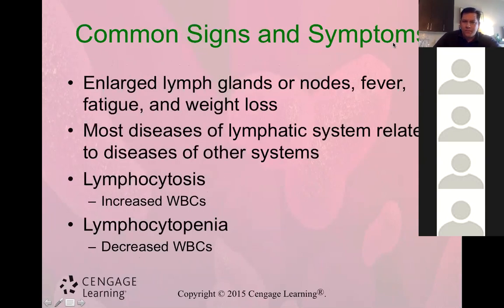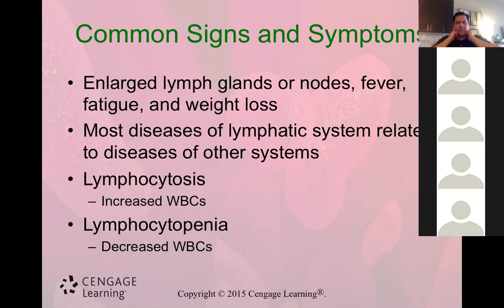Common signs and symptoms of lymphatic system diseases are enlarged lymph glands or nodes, fever, fatigue, and weight loss. The doctors can palpate the nodes, for example, in the area of the neck.